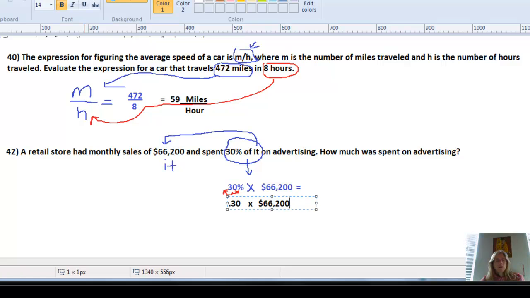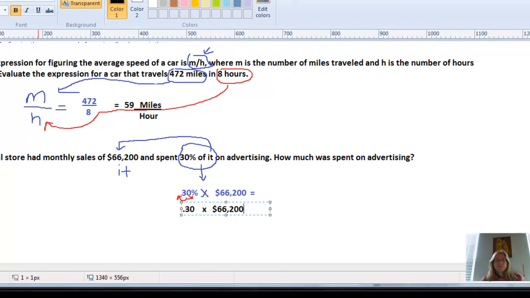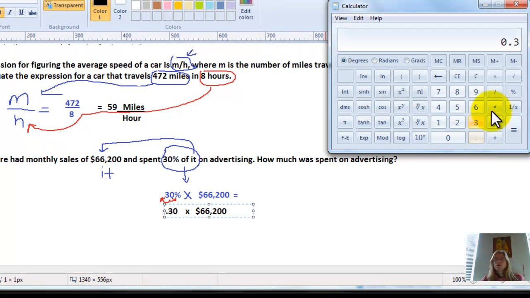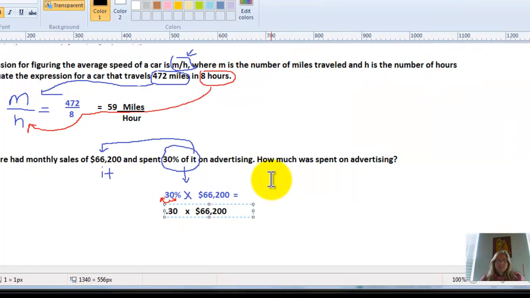So we would use a calculator to sort that out. 0.3 times 66200 equals 19,860. So that is $19,860 that was actually spent on advertising.